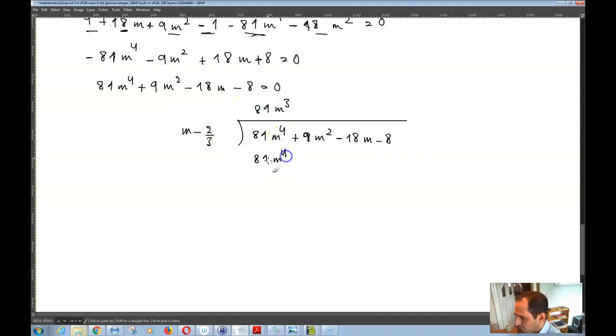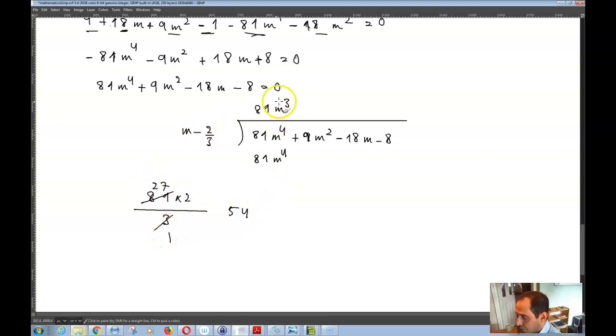and 81m cubed times negative 2/3 is the same thing as 81 times 2 divided by 3. Basically 81 divided by 3 is equal to 27, and now 27 times 2 is equal to 54.